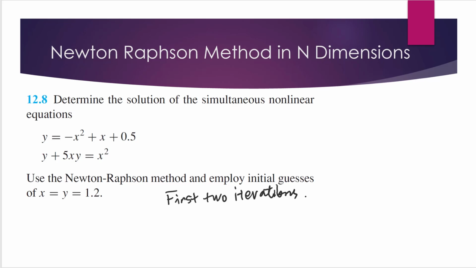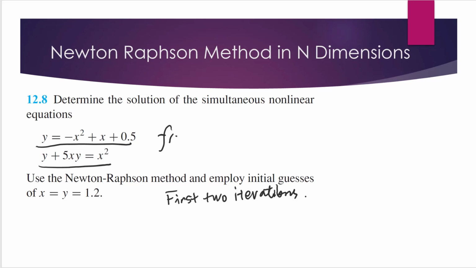Let's first see what the functions are. Remember we have a system of equations, f1 of x1, x2 until xn equal to 0, and f2 of x1, x2 till xn equal to 0. So we first need to change the two equations into the form f1 equal to 0 and f2 equal to 0.